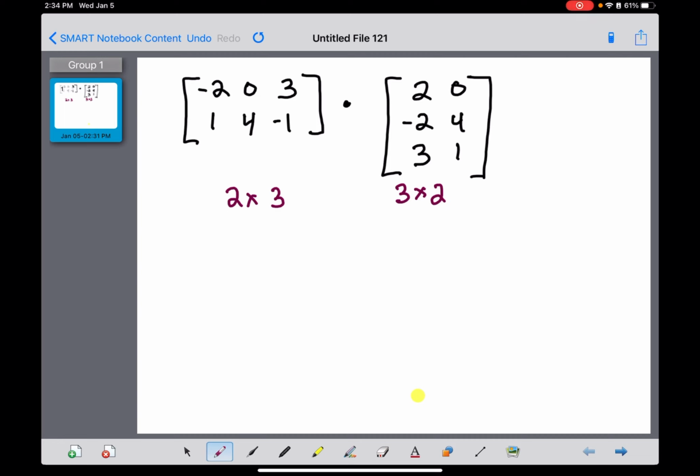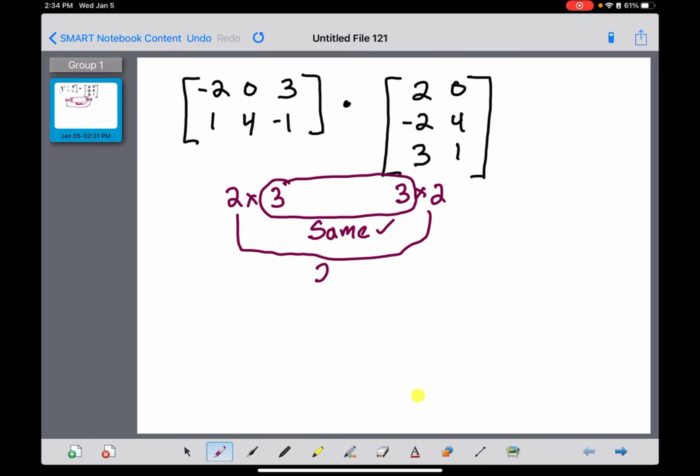If the middle two are the same, that means you can multiply them. The resulting matrix is the two ends, so we're going to have a 2 by 2 matrix out of this. So we know we're going to have this 2 by 2 thing.